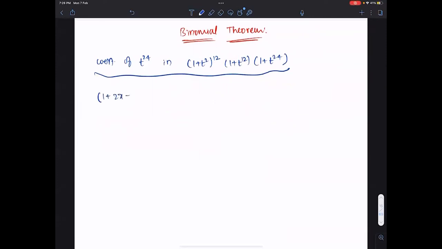I will give you 30 seconds to solve this question. x power 5 minus 7x square plus 4x minus 5 into 2x cube minus 4x square plus 3x minus 1. This is a polynomial. Agreed?